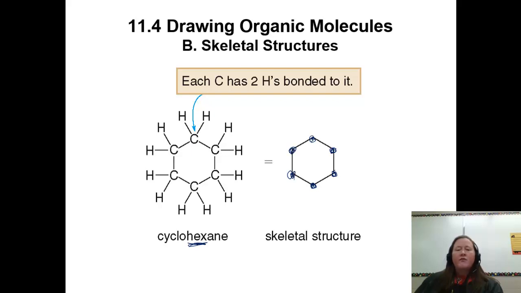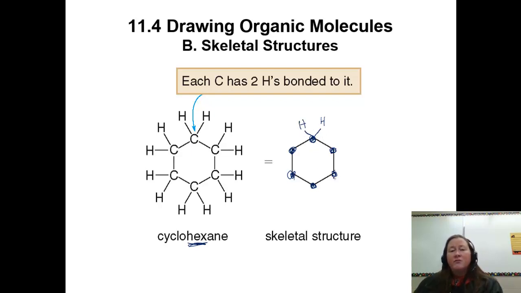Now we have to assume that each carbon atom is attached to 4 things. One of these things is here, and one of these things is here. If I'm looking at this carbon, that means we have to assume that there are 2 hydrogens. All right, so each carbon is involved with 4 bonds, but we don't put them there.